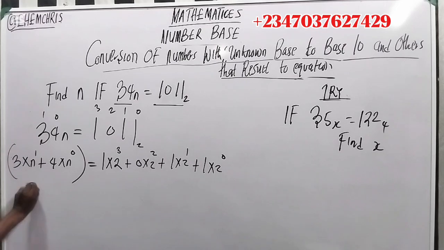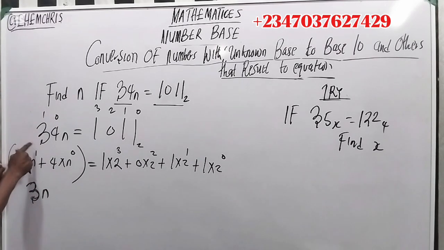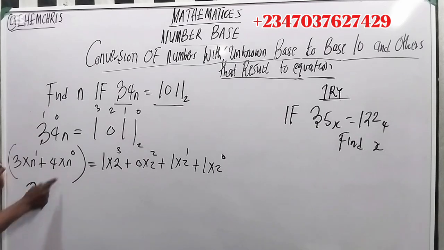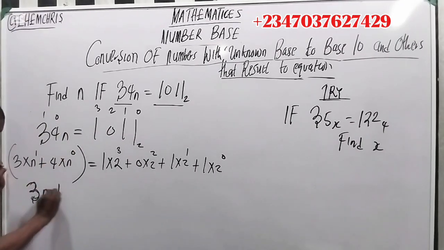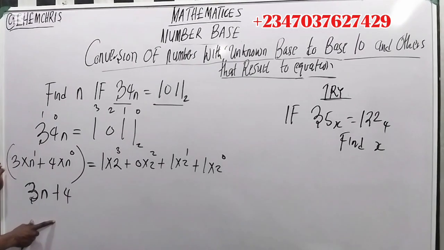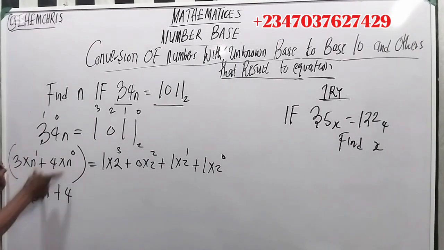You're going to have 3n. How do you have 3n? Because n raised to 1 is n, and n times 3 is 3n. Here we have n raised to 0, which is 1, so plus 4. Hope you understand this one here.